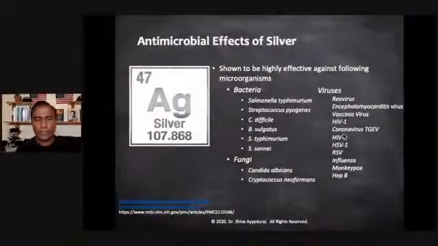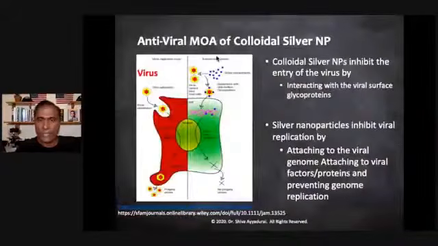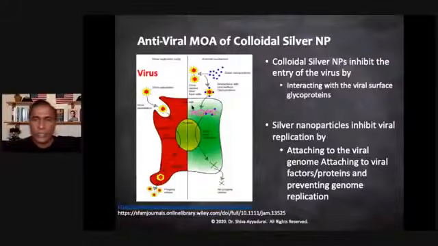So when it comes to viruses, by the way, MOA means mechanisms of action of colloidal silver, the nanoparticle, okay? So if you look here, we're looking at a cell, okay? And if you remember, the virus comes in on the left side into the cell, it takes over the cellular machinery, and it replicates itself like I walked through. And what colloidal silver does, it does two things.